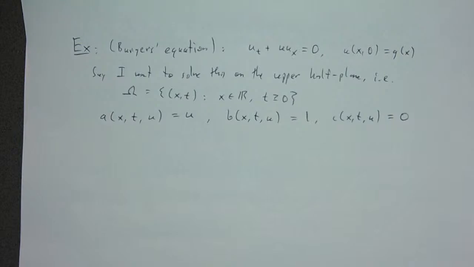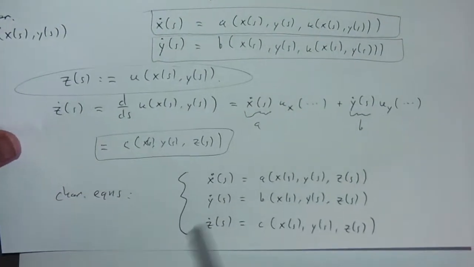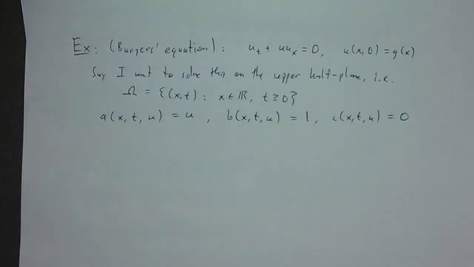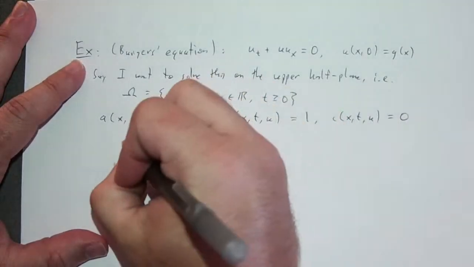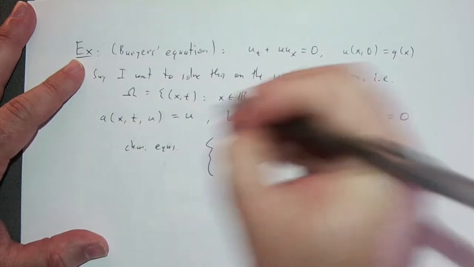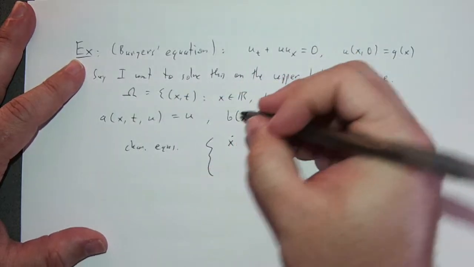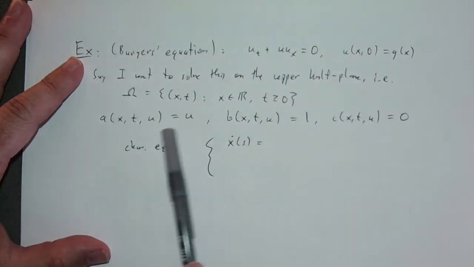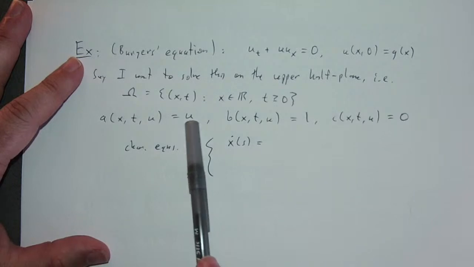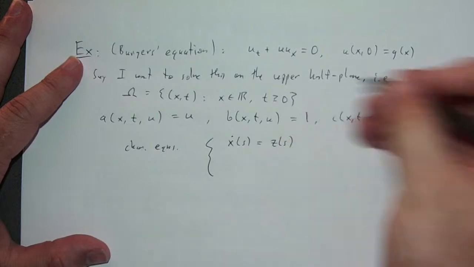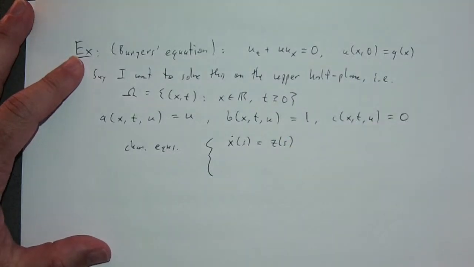But then my characteristic equations are just x dot, t dot, and z dot equal to a, b, and c, with those things plugged in. So what do I get here? My characteristic equations are x dot of s is equal to u, but u is z here, so this is z of s.